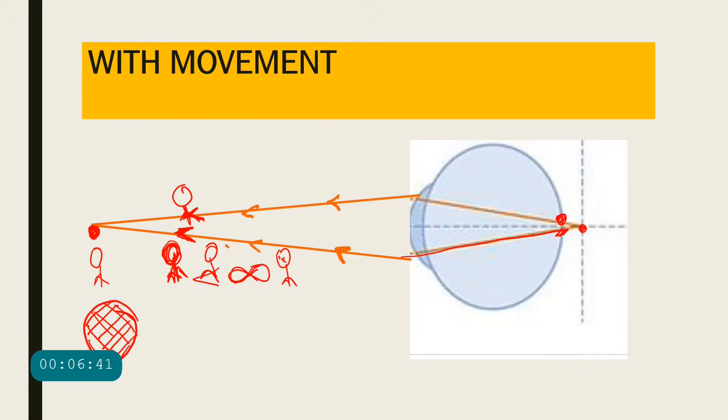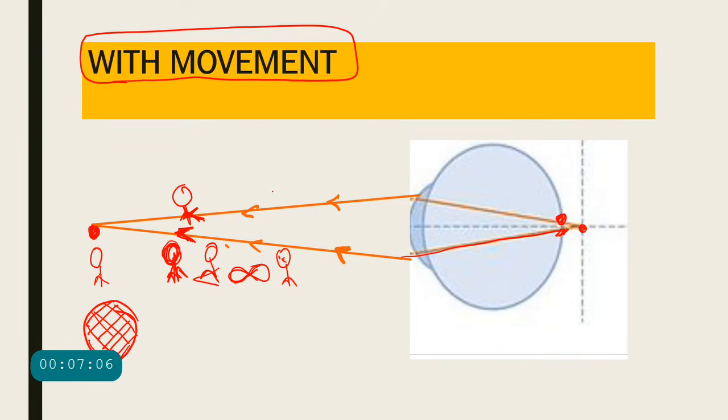Okay. Similarly, what happens with the movement is that in such conditions, when the rays have not yet converged but are converging, and we are standing in the path of those rays, if you imagine yourself standing in their path, testing them, then we are going to see with movement.